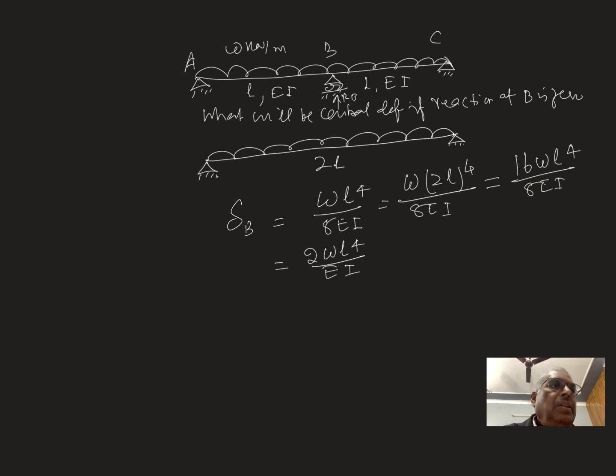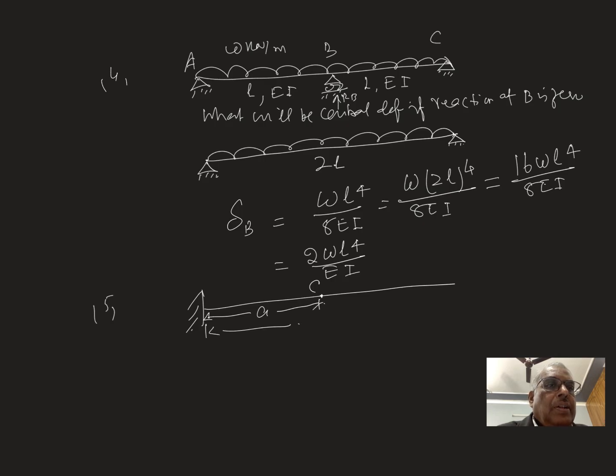Now come to the next problem. Next, this is the fourth problem. Now this is the fifth problem. Suppose there is a beam here, and suppose a point C at a distance a from here.